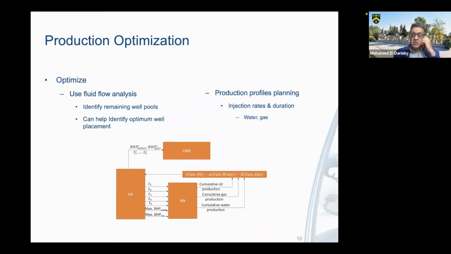In particular, in this graph here, we use the genetic algorithm to calculate for us different time durations of injection of water and gas at different distributions. And we use the CMG simulator to also help us with generating some of the data here.